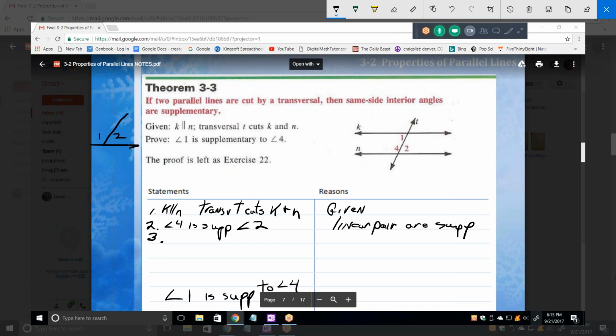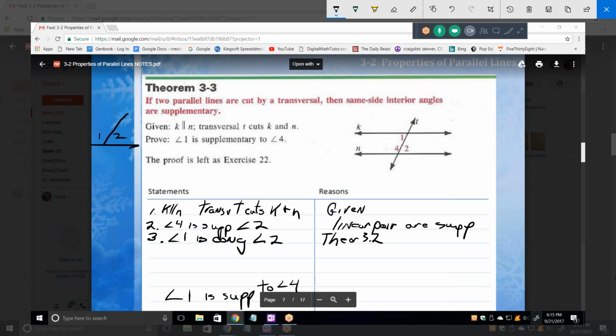Remember, I'm trying to prove something about 4 and 1. So I have to bring angle 1 into the picture here. Is angle 1 congruent to angle 2? Yes, angle 1 is congruent to angle 2 based on theorem 3.2 when we looked it up.